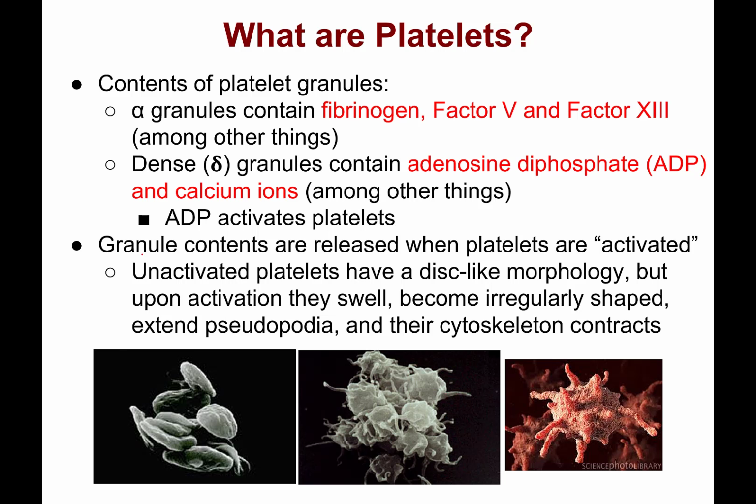So unactivated platelets, which are shown down here, they have a disc-like morphology, but once a platelet becomes activated, the platelet is going to swell a little bit, and then it takes on this really irregular shape, and it contracts its cytoskeleton. So this over here, these are showing what an activated platelet looks like. So when they contract, that's when you get the release of the granules.